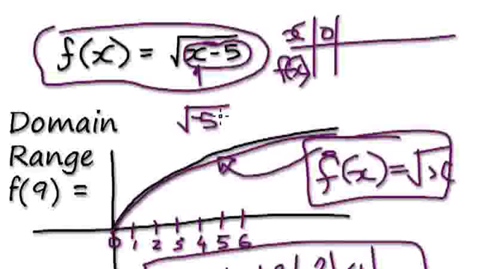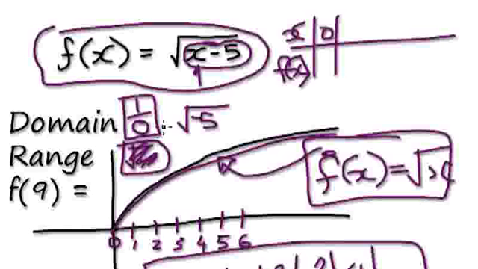Now two things you need to remember. You cannot square root a negative number, and the other thing you need to remember is you cannot divide by 0. So whenever you have something like this, the function breaks down. When you have 1 divided by 0 or whatever divided by 0, the function will break down.